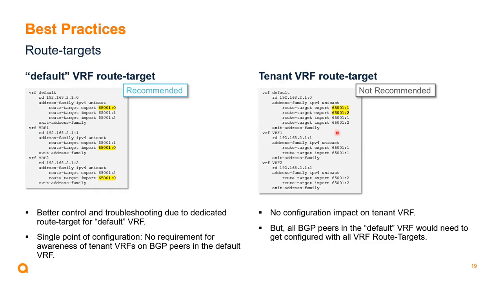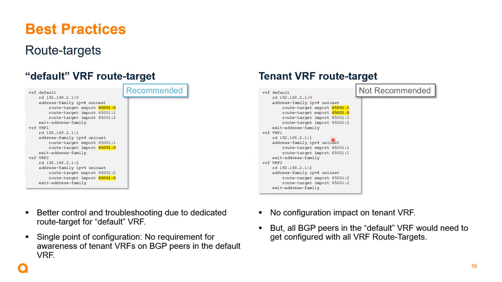On the right side, another possibility is to not introduce any new route target inside the tenant VRF. So I'm not going to use a dedicated value for the default VRF, but simply export and import the same route target value and use those as an export inside the default VRF. So this is an alternative.